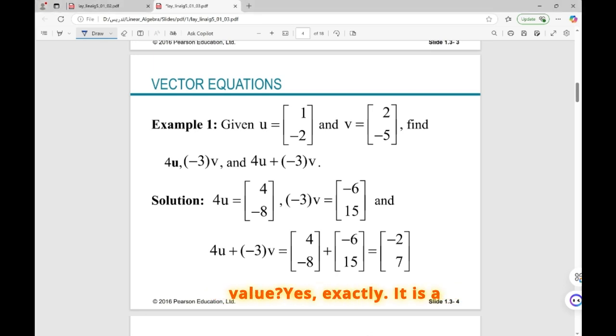Yes, exactly. It is a constant value, a single number.